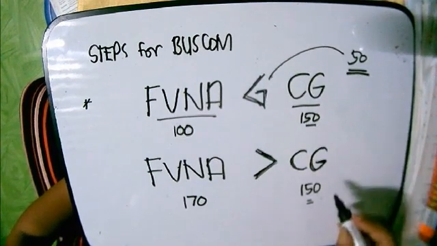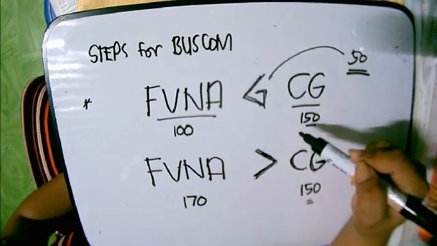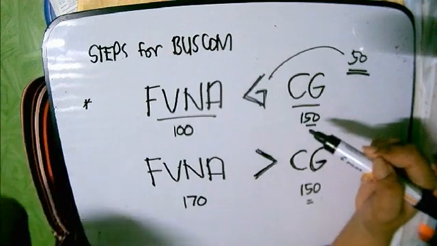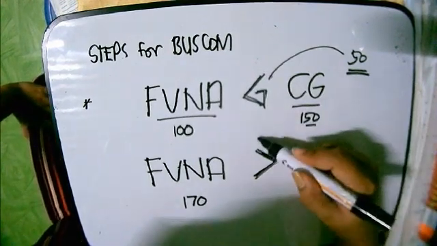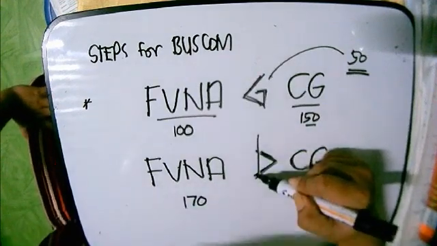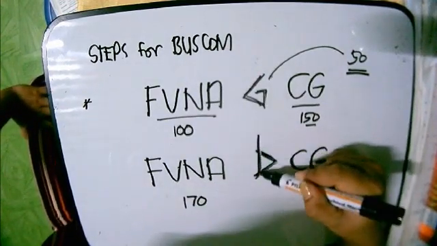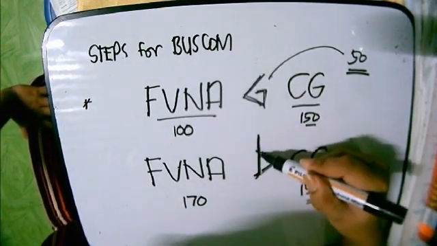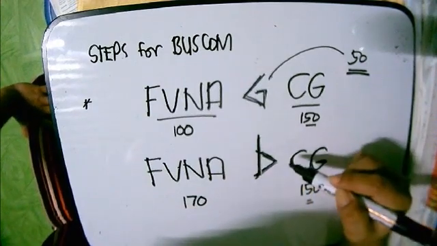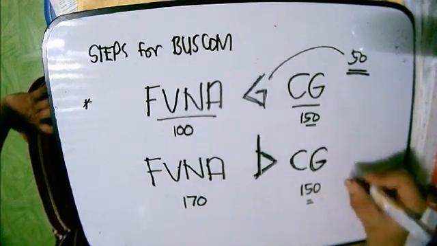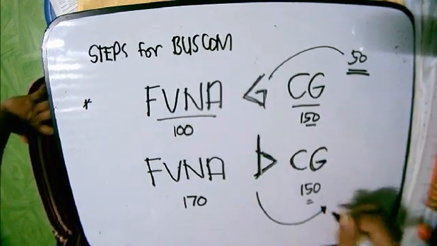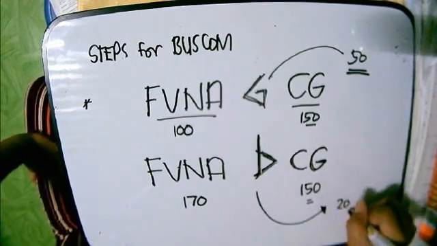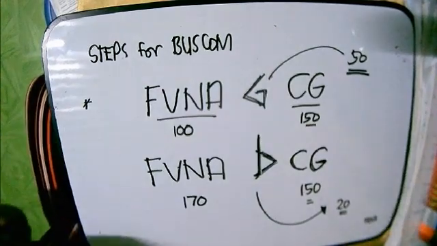So, kapag tinanong tayo kung magkano ang goodwill or magkano ang gain from bargain purchase, kapag ganito ang scenario, ibig sabihin, yung business combination ay nagkaroon ng bargain purchase. So, kapag tinanong kung magkano yung gain from bargain purchase, we have 20 pesos.